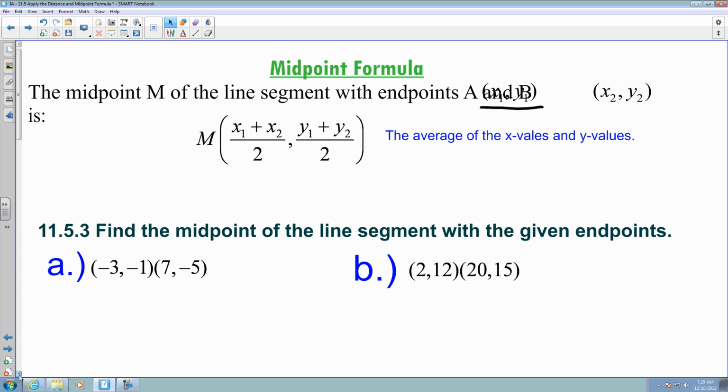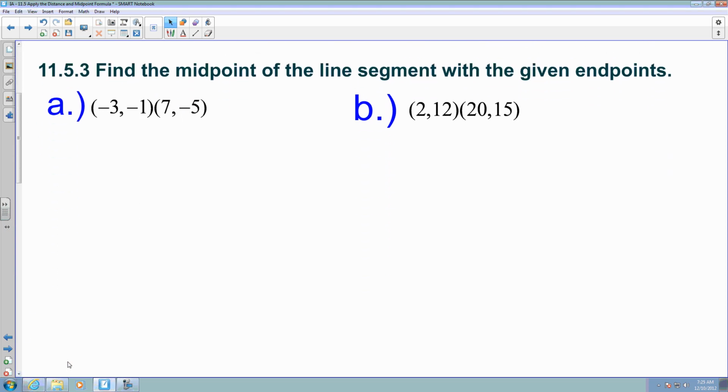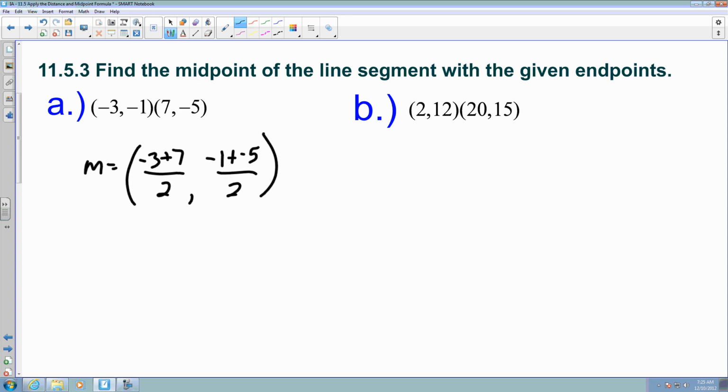So if I were to do some examples, we need to find the midpoint of the given endpoints. I have negative 3 comma negative 1 and 7 comma negative 5. So I'm going to find the midpoint, which is M equals negative 3 plus 7 divided by 2, comma, negative 1 plus negative 5 divided by 2.